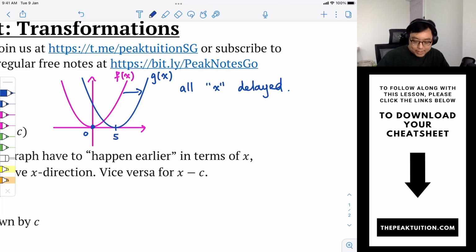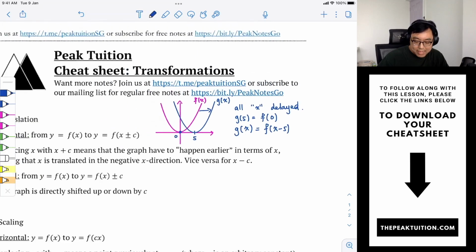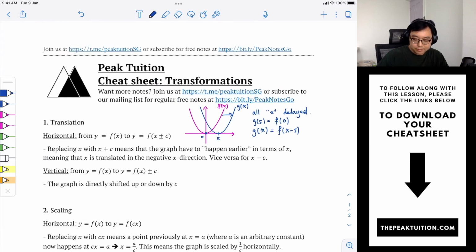So we know that g(5) equals f(0), and g(x) therefore equals f(x minus 5), if x is the input from the g. So in a sense, we see that translation in the positive x-axis means that you replace x with x minus c, where c is the amount that you translate by.